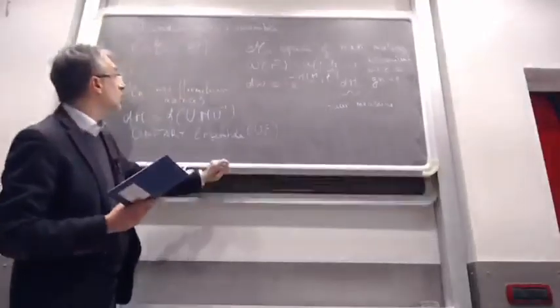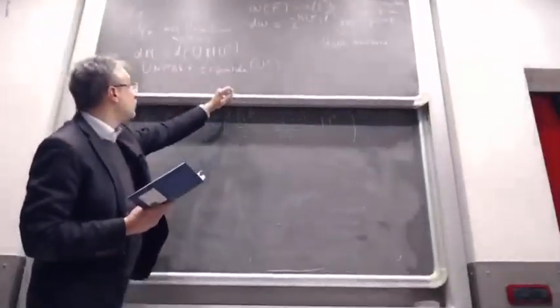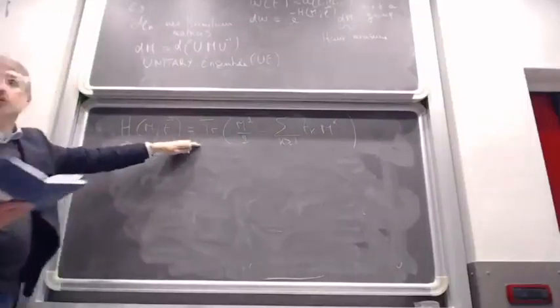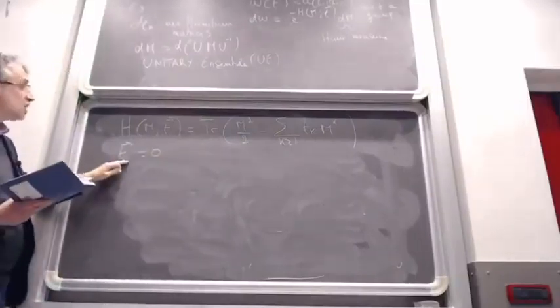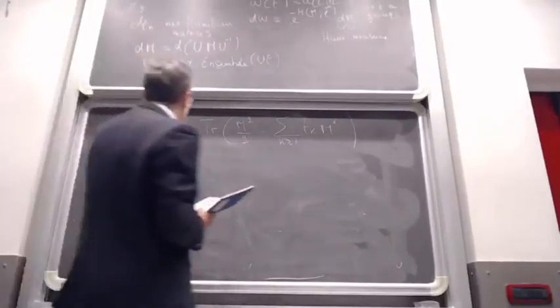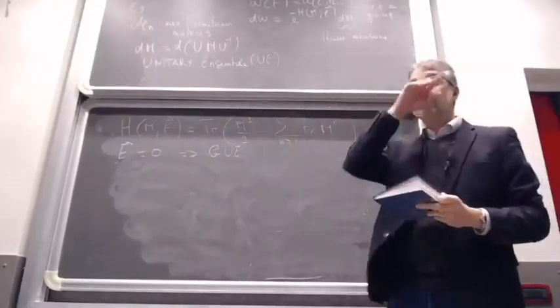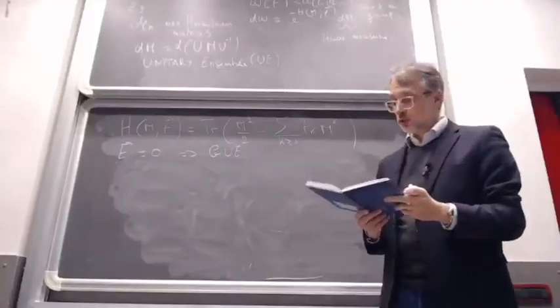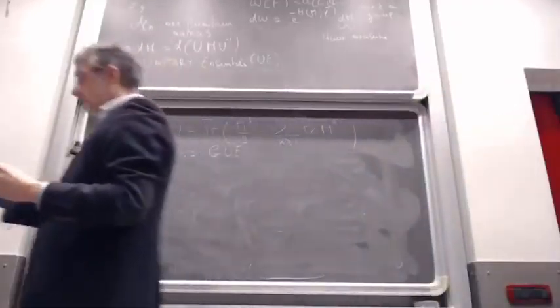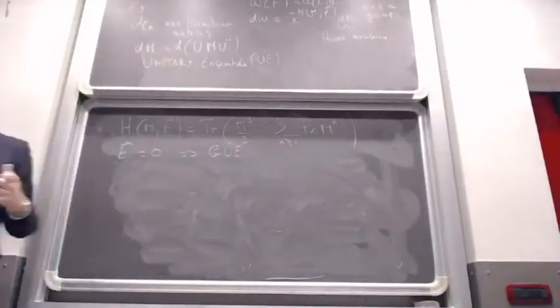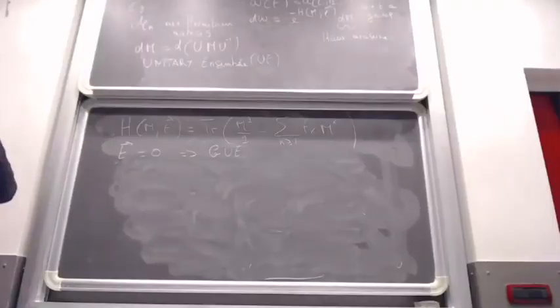With this Hamiltonian, if you take all the t's equal to 0, this corresponds to the so-called Gaussian unitary ensemble. The probability measure reduces to a Gaussian, and this is actually the first ensemble that has been studied in detail in terms of the distribution of the eigenvalues of the matrices.